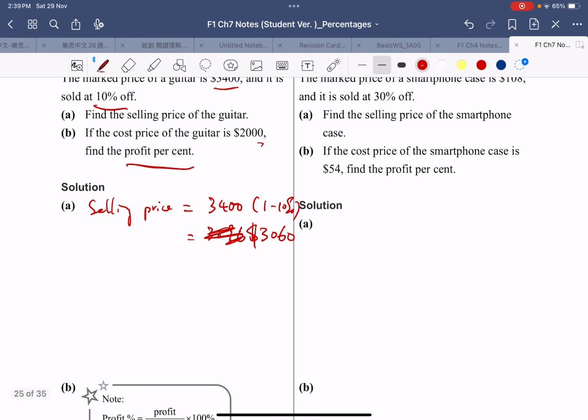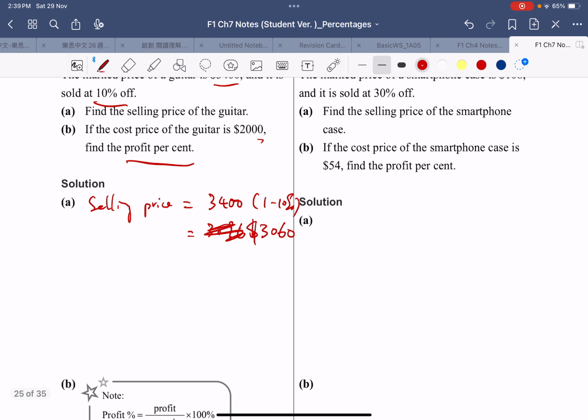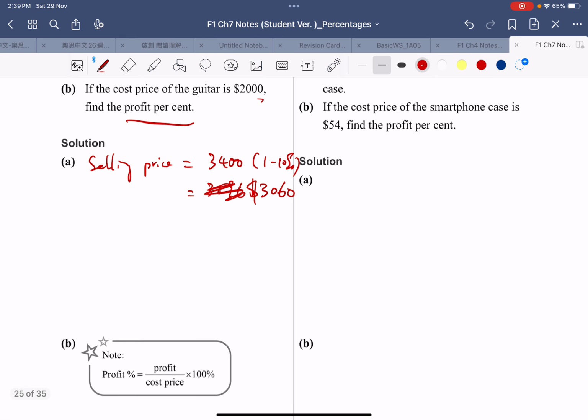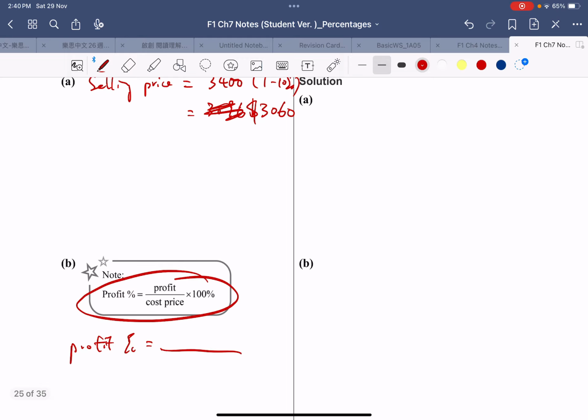So you're going to make a profit, of course, selling it for 3,000 something, but it only cost you $2,000. So the profit percent is the profit using this formula, right? What is your profit?